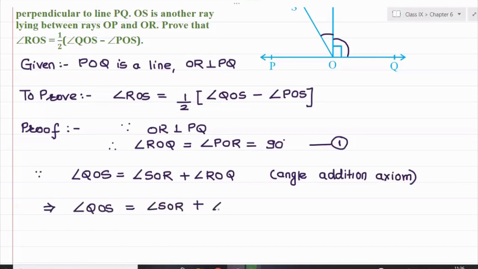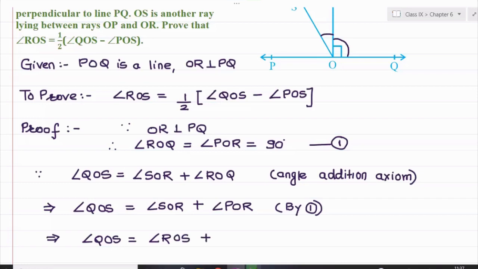I will replace it by angle POR because both the angles have the same value and hence they are equal. So it is again with the help of equation number 1. Now further, angle QOS I will keep as it is. Since in the question in place of SOR we required ROS, I will write this one as ROS.